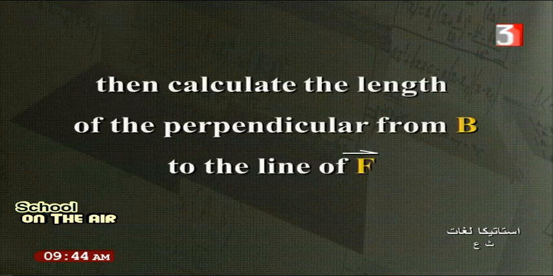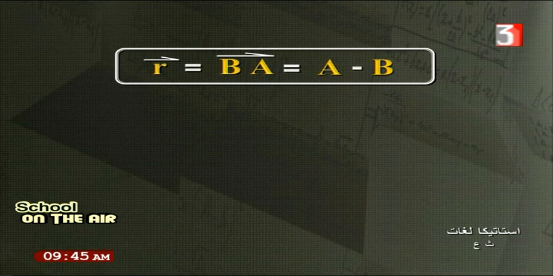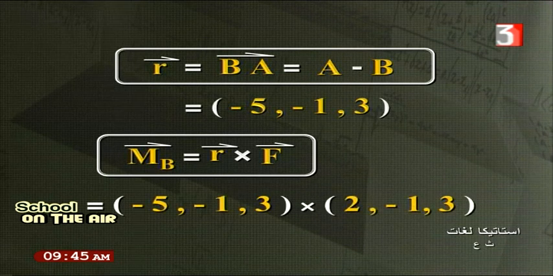After that, calculate the length of the perpendicular from B to the line of F. We know that r vector equals BA vector equals A minus B equals negative 5, negative 1, 3. Therefore, the moment about B is r cross F, using the determinant: i, j, k in the first row, second row negative 5, negative 1, 3, third row 2, negative 1, 3.